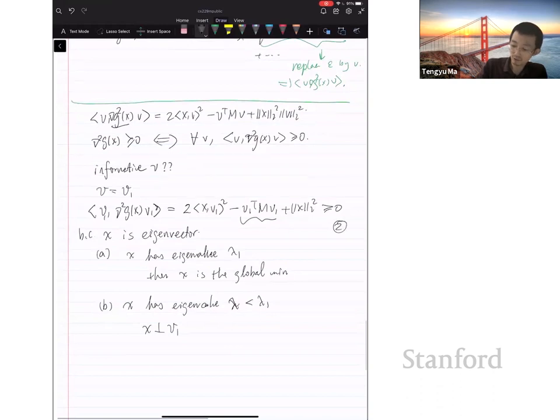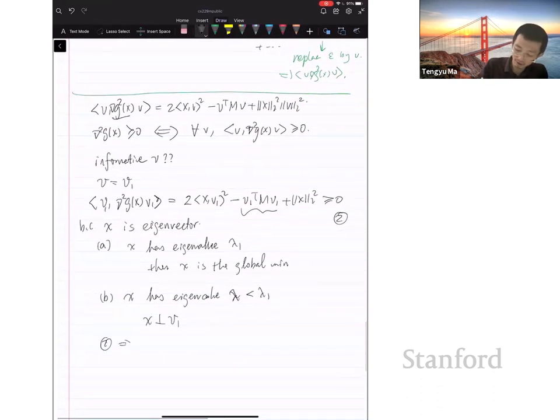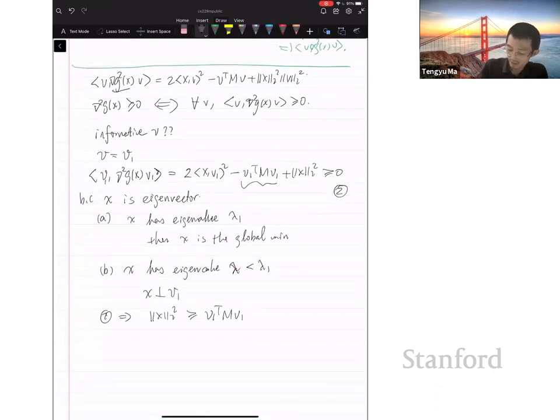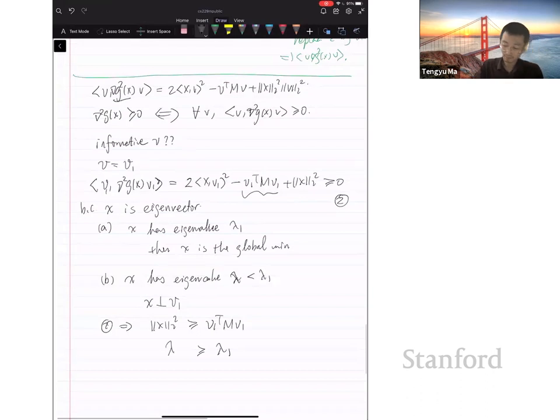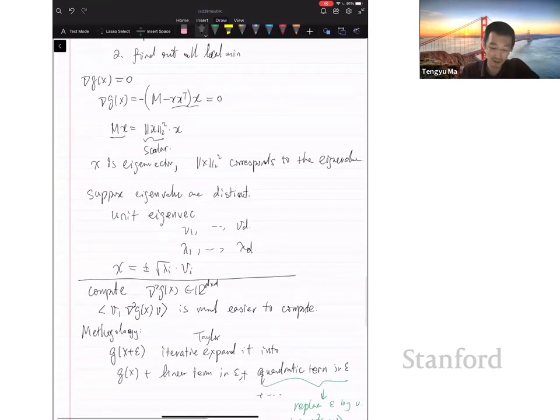And then if you evaluate this equation, the first term goes away, so you get just the norm of x squared is bigger than v1 transpose M v1. Recall that v1 transpose M v1 is just lambda 1, and the norm of x squared, by the first order condition, is the scalar that corresponds to the eigenvalue of that vector, which equals lambda.